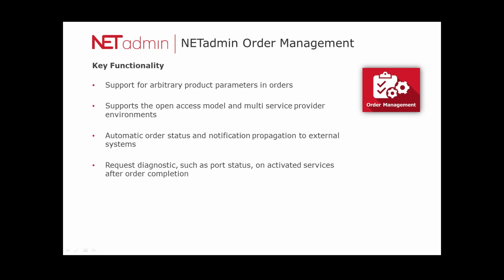And in case this is something that is not automatically selected by NETadmin upon provisioning, this is something that you can send in through the order management as part of the actual order of this product. And that is what we mean with arbitrary product parameters. It can be any type of values or attributes that are required to fulfill the order.